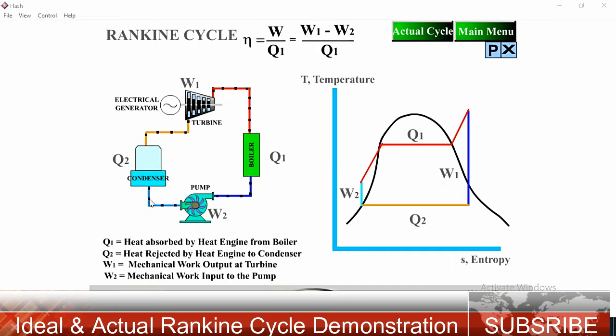Process 3 to 4 is the pressurization of saturated liquid in the pump. Next step, 4 to 1 is the constant pressure heating process.